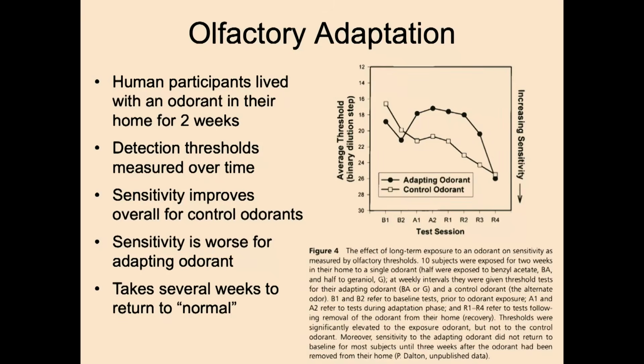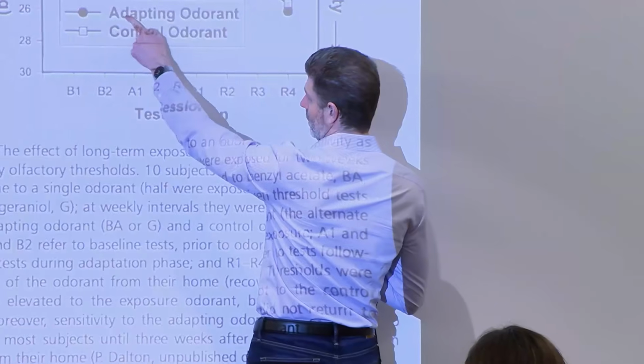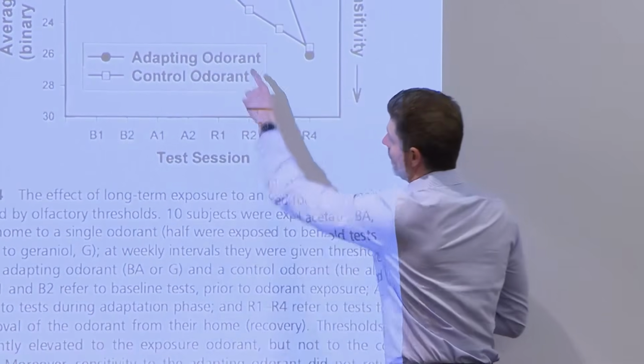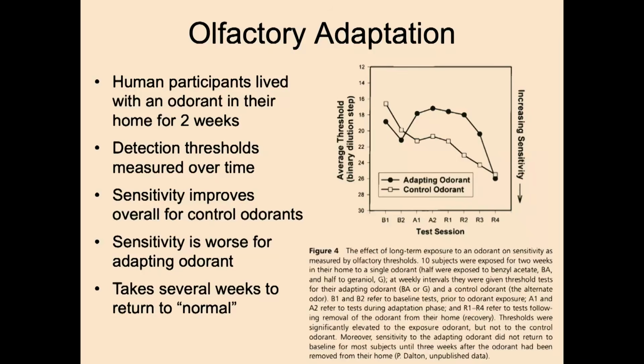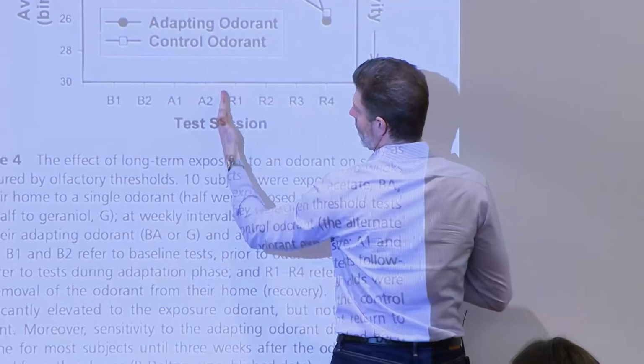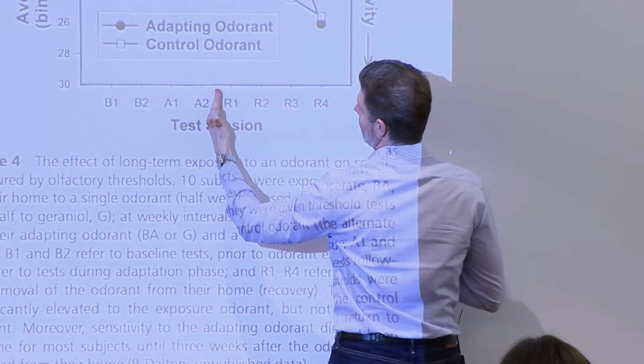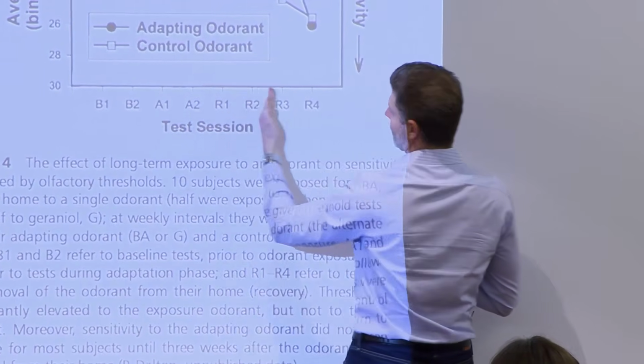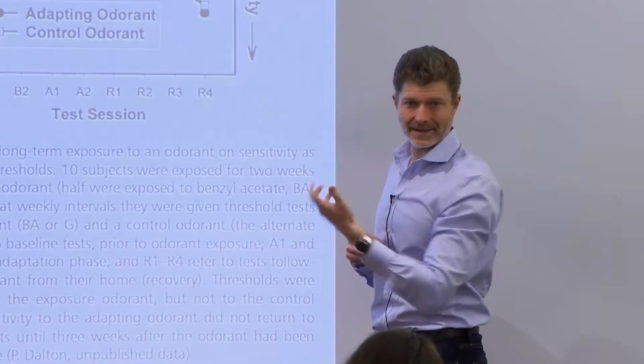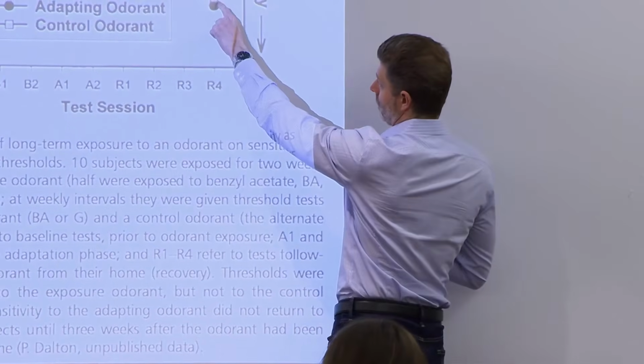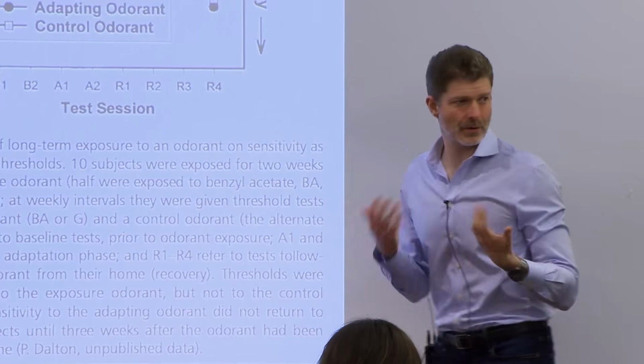But then during the adaptation period, when people are getting all this exposure to the adapting odorant, the thresholds diverge. The thresholds get substantially worse for the adapting odorant while they're improving for the control odorant. The other thing that's pretty cool is that once you remove the chemical from the person's home, it takes about 3 weeks for the sensitivity to the adapting odor to reach the same level as the control odor.